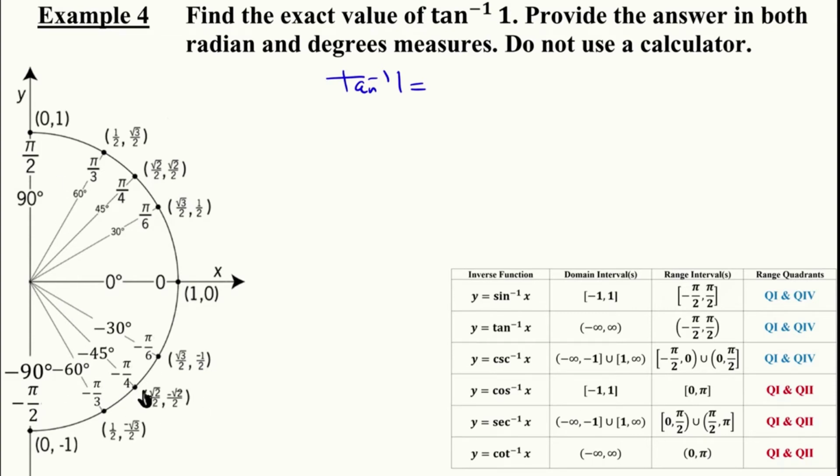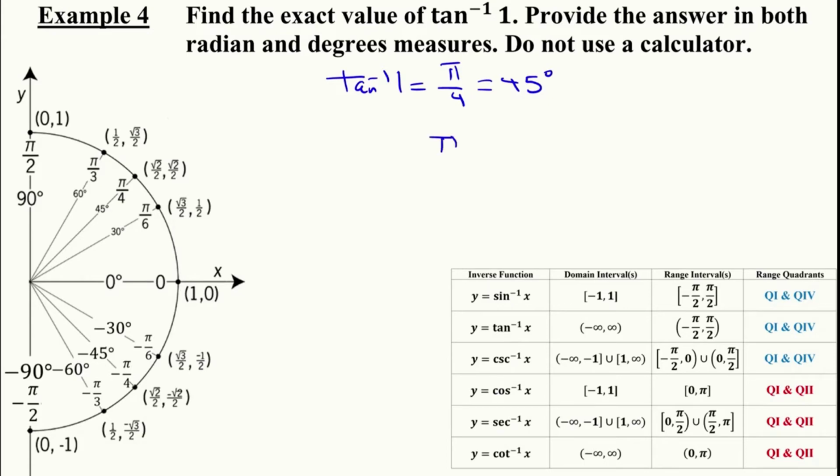This one may be tempting, but as you know, the tangent here is negative 1. So the only one that qualifies as having an inverse tangent of 1 is going to be pi over 4, which, as we know, is the same as 45 degrees.